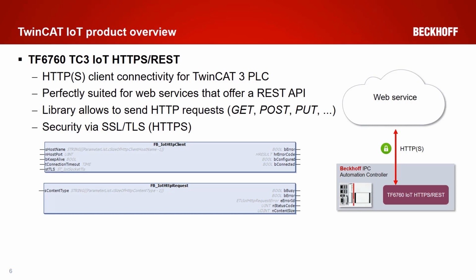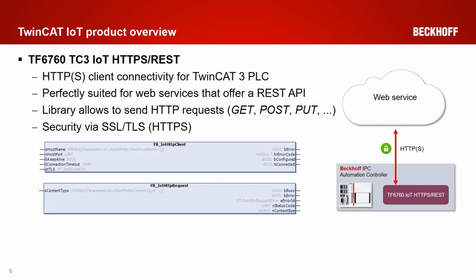Then you can trigger HTTP commands like get, post, put, using function blocks for the PLC, and you can also, of course, secure the transport channel using TLS, which is then called HTTPS. You all know that from browsing the internet, and so you can use HTTP client connectivity inside of the PLC.